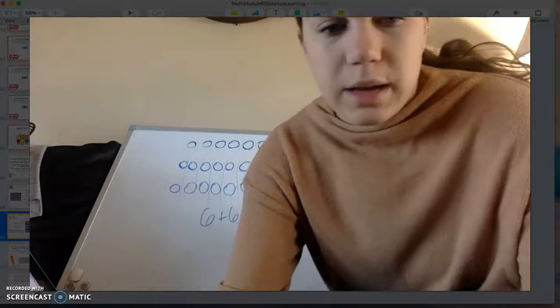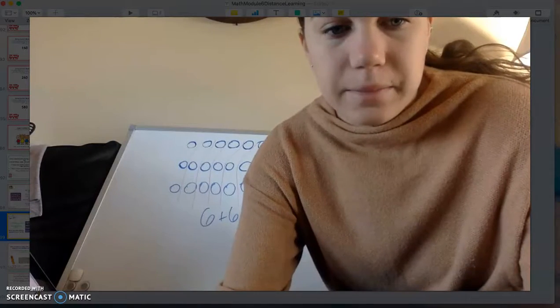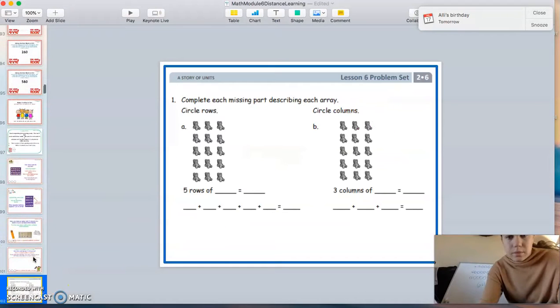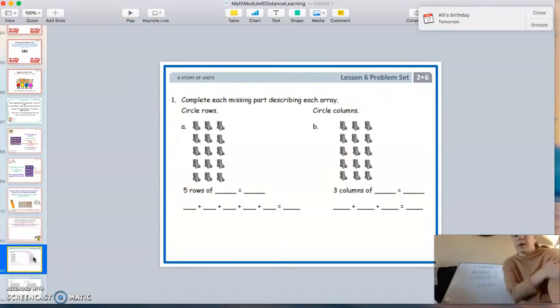So now I'm going to zoom out so you can see your problem set. Here is our problem set. So they want you to complete each missing part describing an array. So the first part, you want to circle the rows, and then the part B, you want to circle the columns. So remember, rows go this way, and columns go up and down. Then they want you to answer 5 rows of blank equals what?